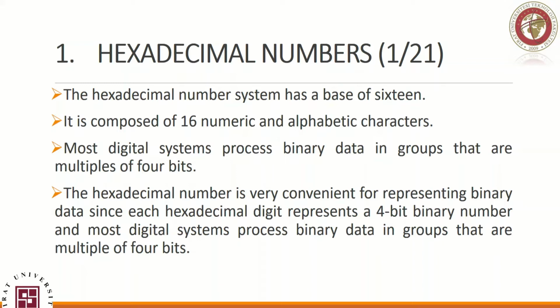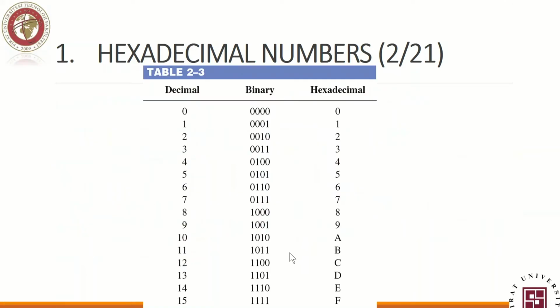If we place 2 of them, 4 digits and 4 digits, that's a byte. 4 of them is 2 bytes and so on. So we can go to big addresses in hexadecimal in an easier way. Replacing 4 bits by just one digit is easier for us to deal with, especially human beings.